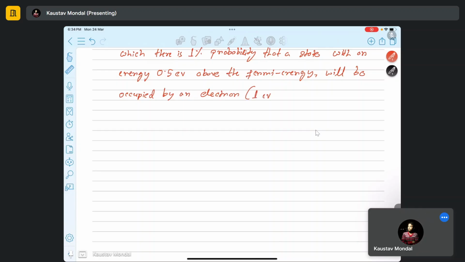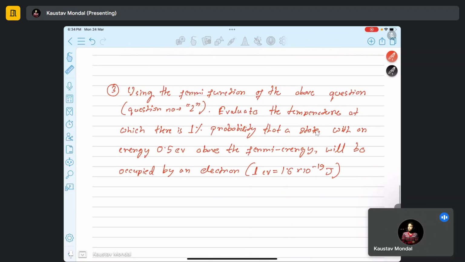One PB is 9.6 into 10 to the power minus 9.3. Okay, this is the problem.